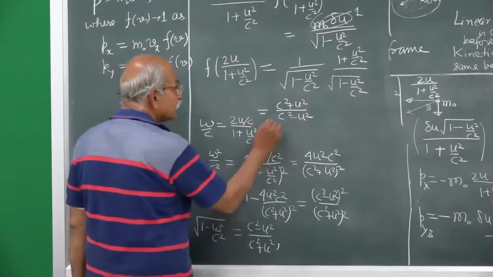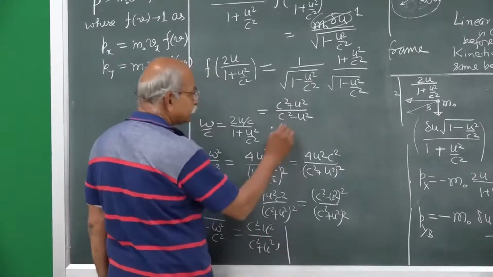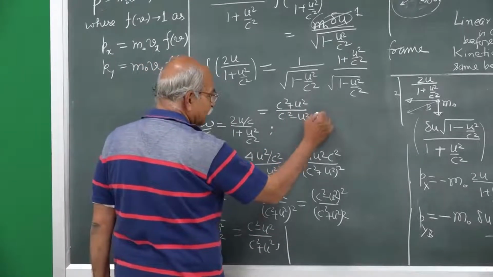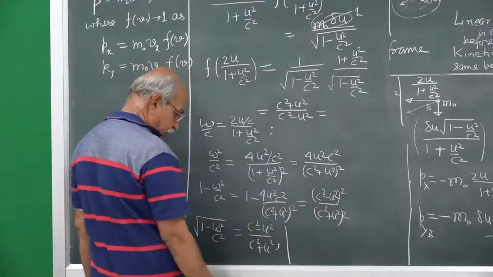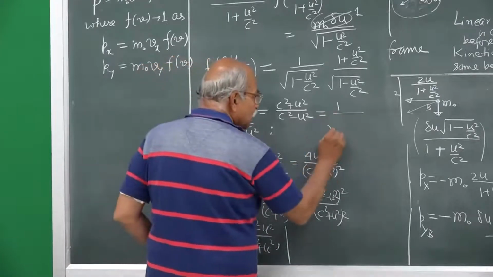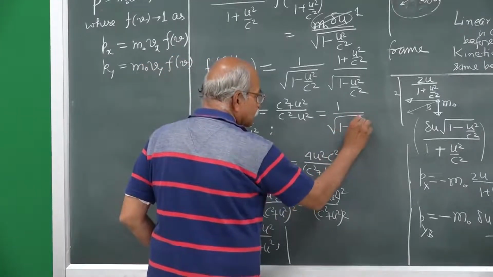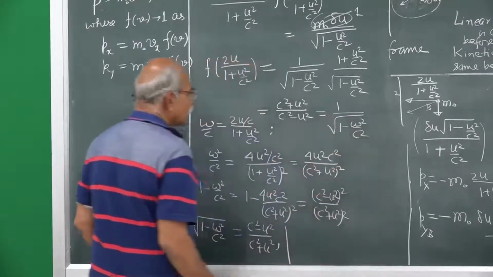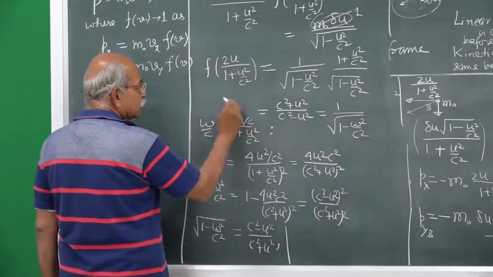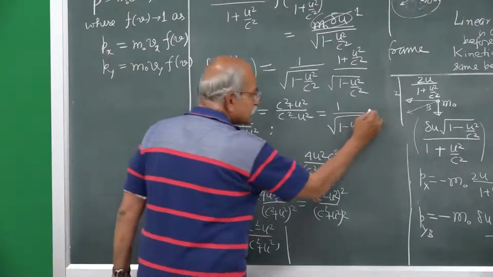What you have is c² plus u², or let me write it here itself, this is 1 by square root of (1 − w²/c²), and this is w. So, this is f of w.